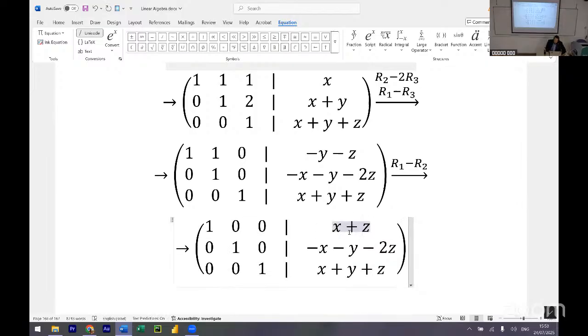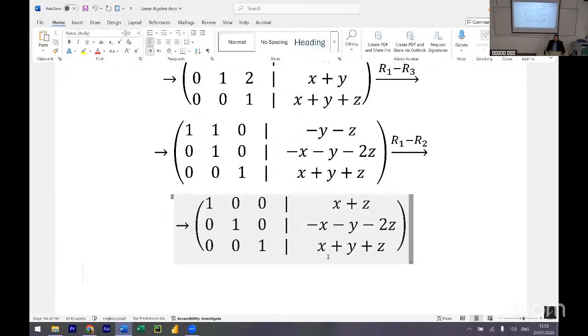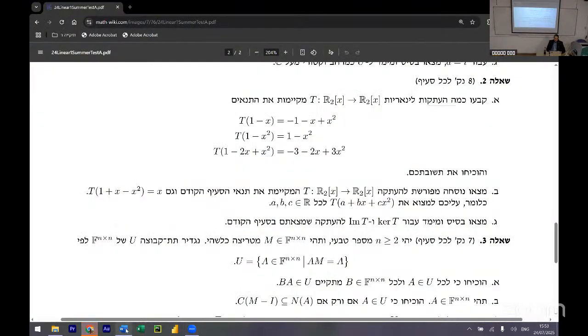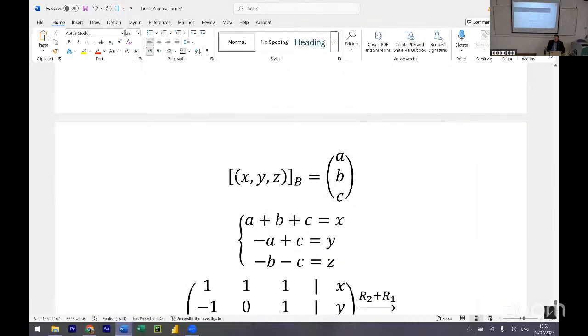Okay, so this is a, this is b, this is c, right? The first equation is a equals x plus z. The second one is b equals that, so I'll copy this and fill out the form.